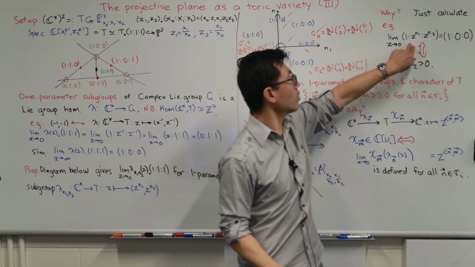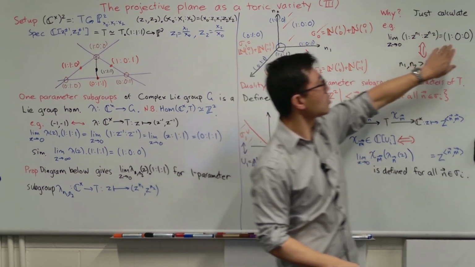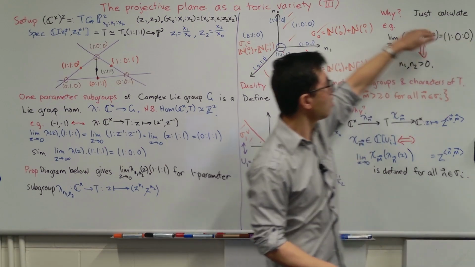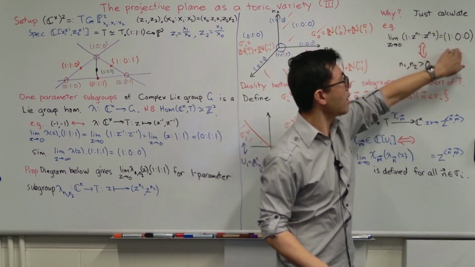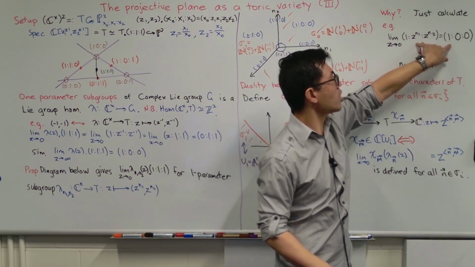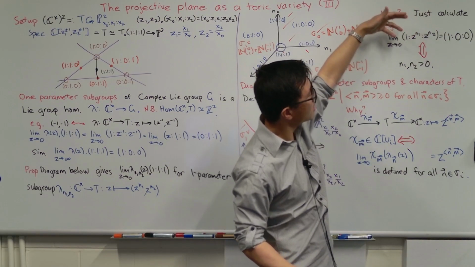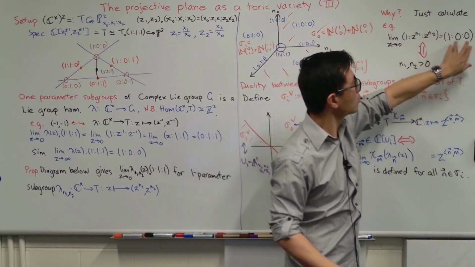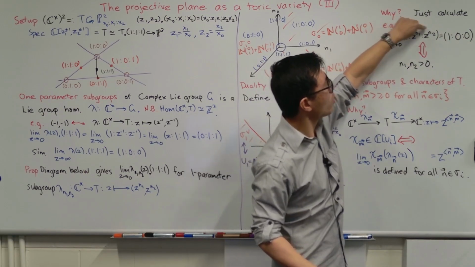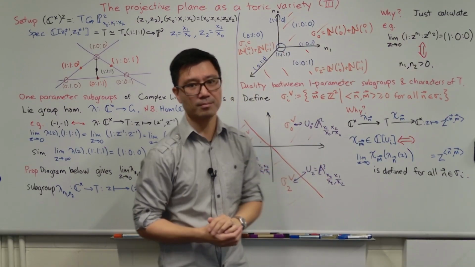So you have 1 : z^n1 : z^n2. And if you want this to equal 1:0:0, these are the same in terms of homogeneous coordinates, but since there's a 1 here, you can't scale. So for this to equal 0 and 0, you want n1 and n2 to be positive. And that's why you have this region here like that.